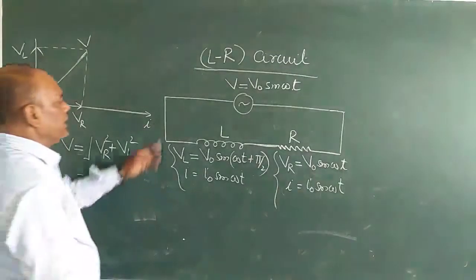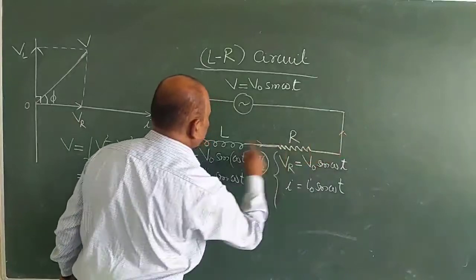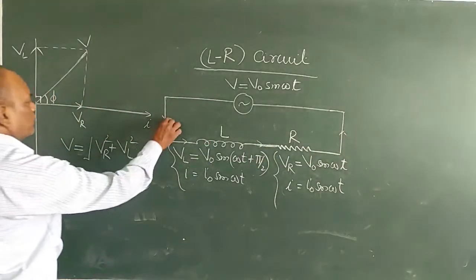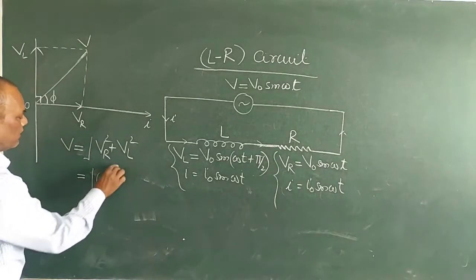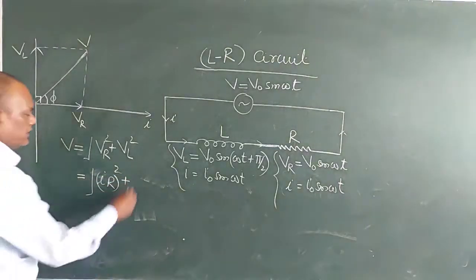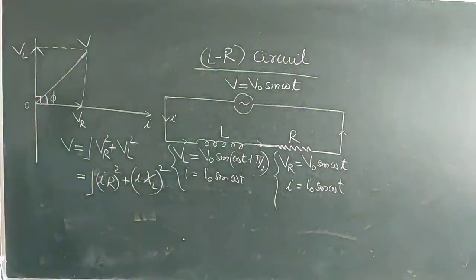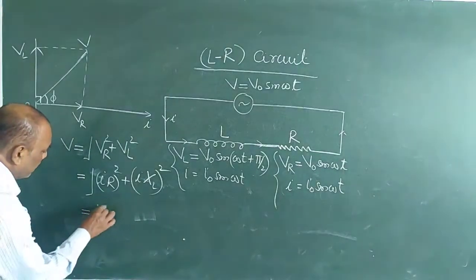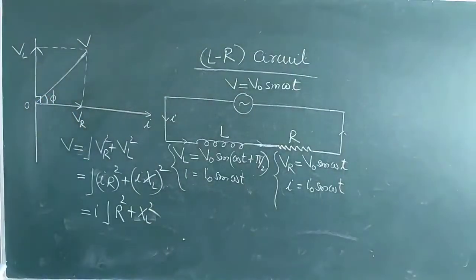Since the same magnitude of current will flow in both inductor and resistance, let us suppose that is I. So this will be written as IR by Ohm's law, and this will be IXL whole square, also like Ohm's law. So take I common, we have R square plus XL square.